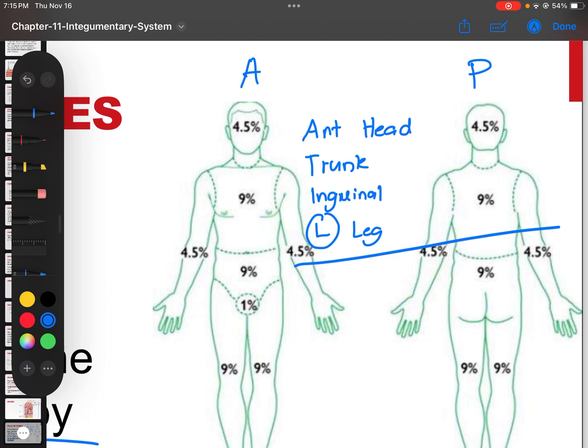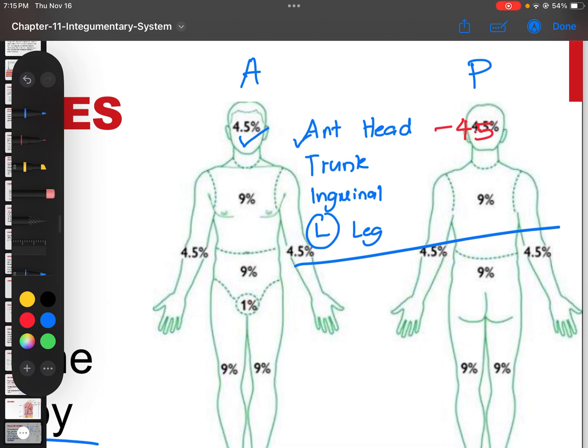Okay, we're back. When we say anterior head, class, we're only gonna include the anterior side, so it is 4.5. Next is our trunk. Since the entire trunk includes the abdomen, the thorax and the abdomen, we will now need to add 9 plus 9.